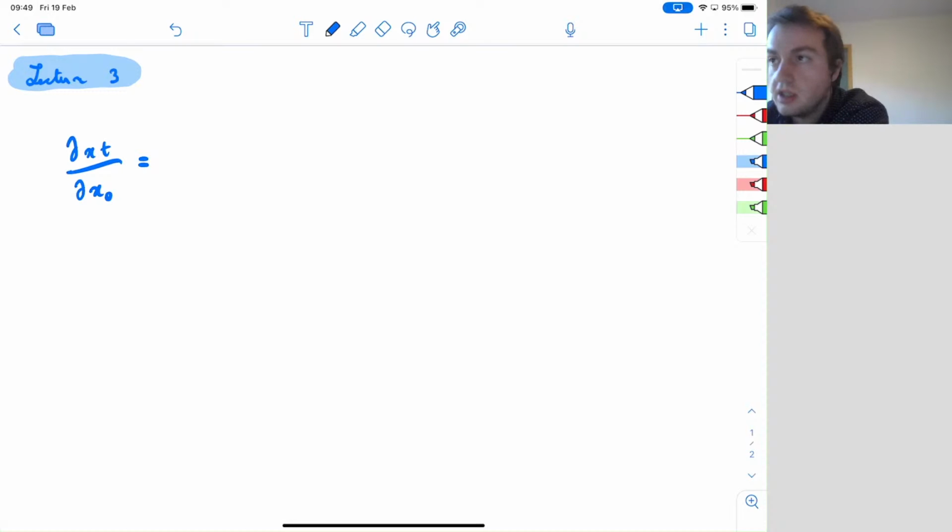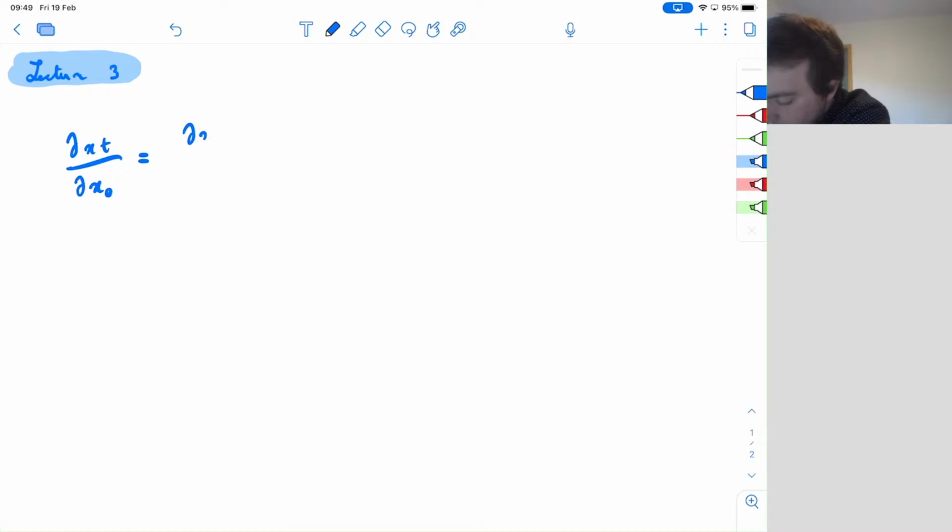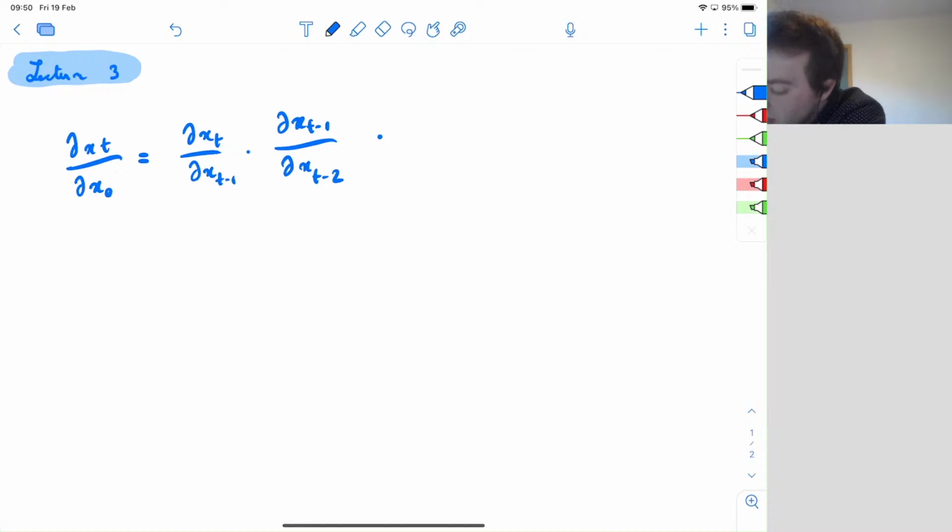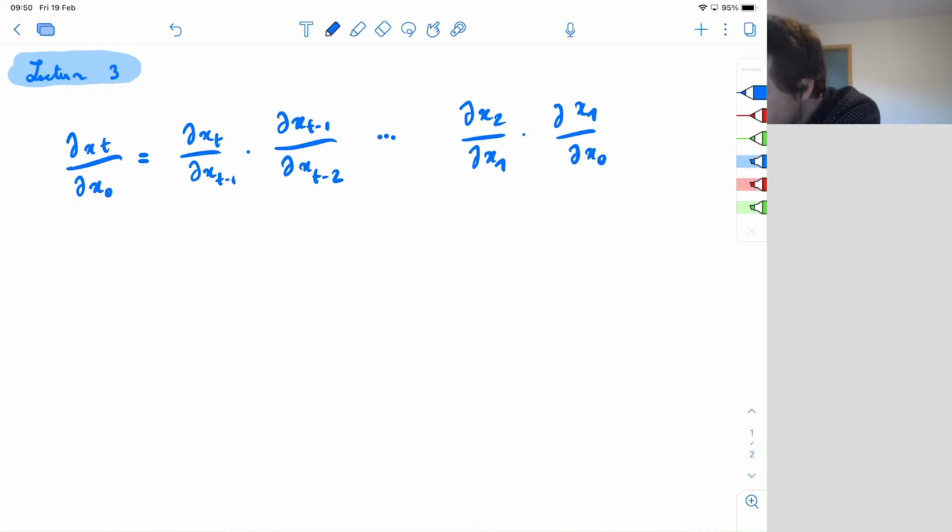And this is, by the chain rule, equal to the Jacobian of xt with respect to the immediately previous intermediate variable, so xt minus 1, times, then we do that recursively, xt minus 2, we do that through the chain until we arrive to, for example, x2, x1 times... okay, so this is the chain rule.